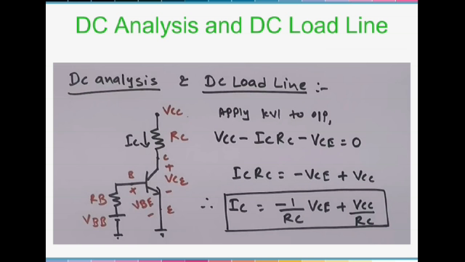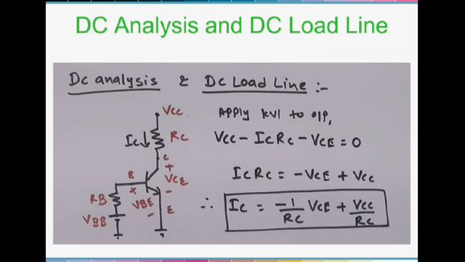One transistor, with emitter, base and collector marked. The arrow mark terminal is called the emitter, and the base and collector terminals are there. Here the emitter terminal is grounded, and at the base terminal one resistor is connected, known as RB, and at the collector terminal another resistor is connected, called RC.